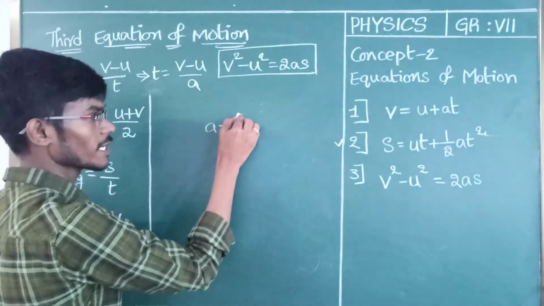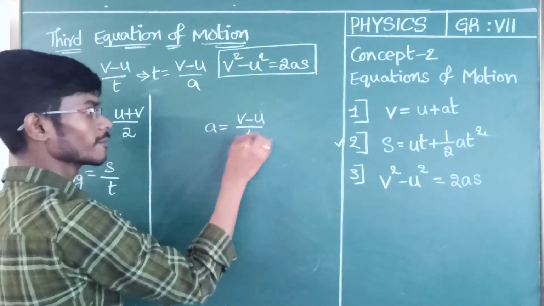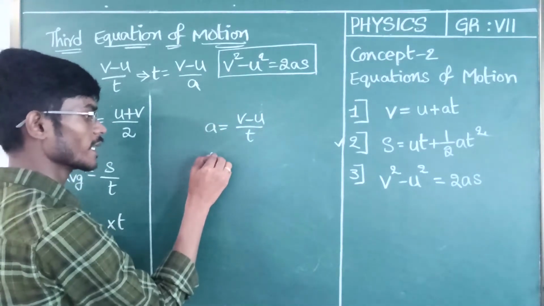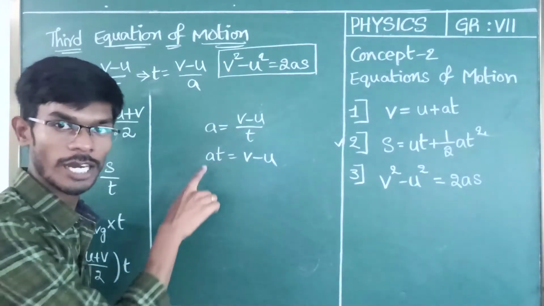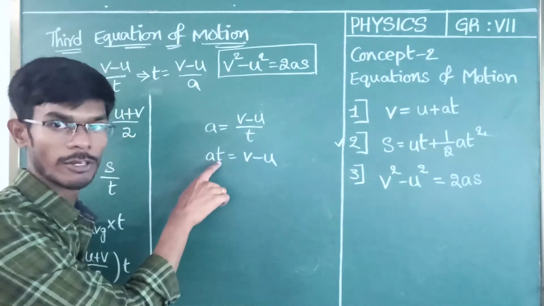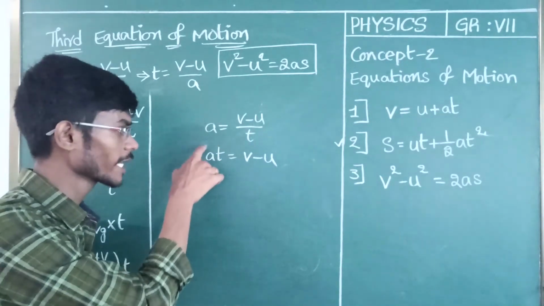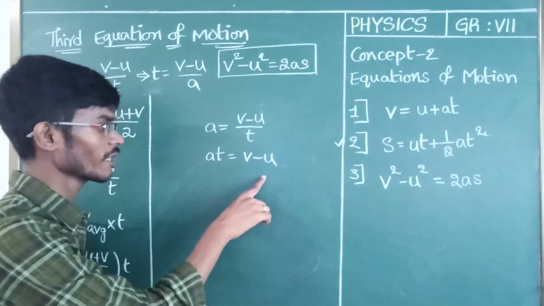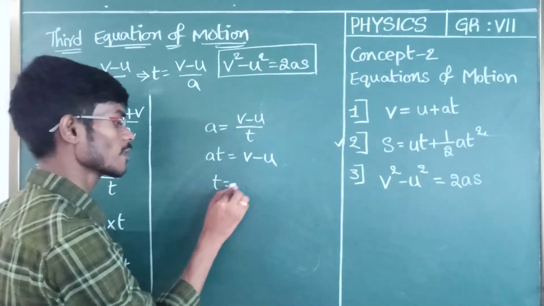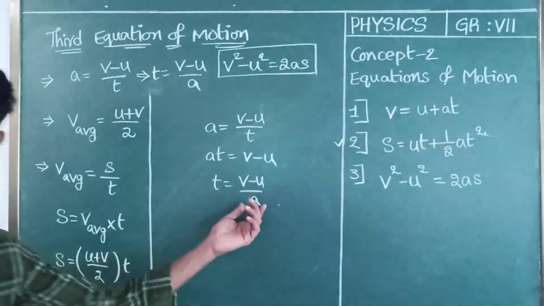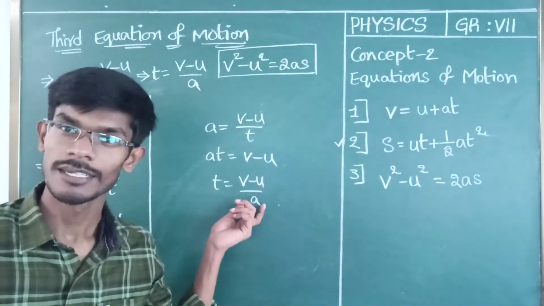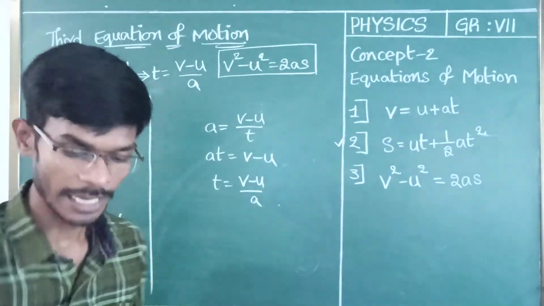A is equal to V minus U by T. If you send this T here, A into T is equal to V minus U. But what you require? Time alone. If you want time alone, what we need to do? We need to send A to RHS. Then T is equal to V minus U by A. Now we got the value of time or not? Time is equal to V minus U by A.